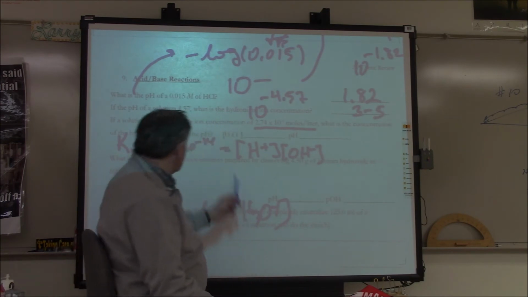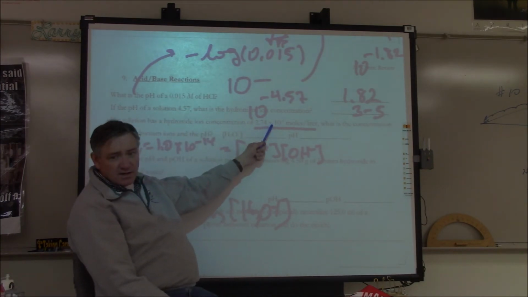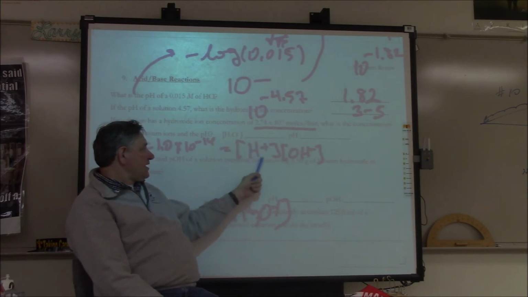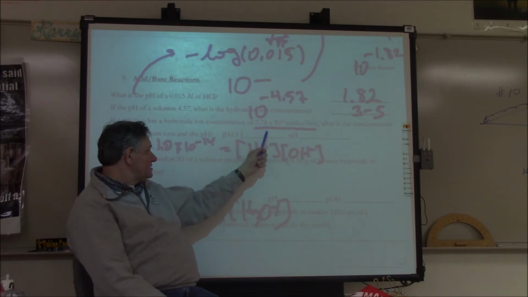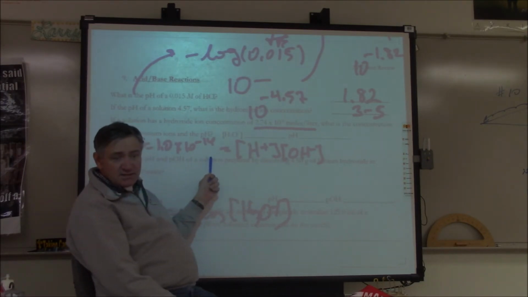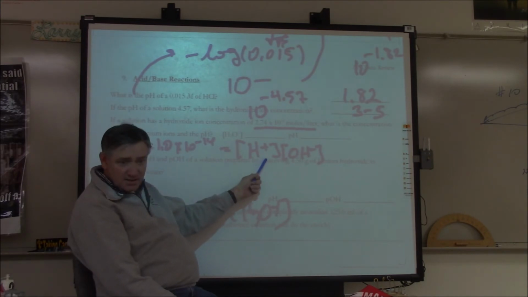So I've given you the hydroxide ion concentration. That's going to go here. You want to find the hydronium ion concentration. So you're going to take this here, which is your hydroxide, divide that into that auto-ionization constant of water. That's going to get your hydronium ion concentration.